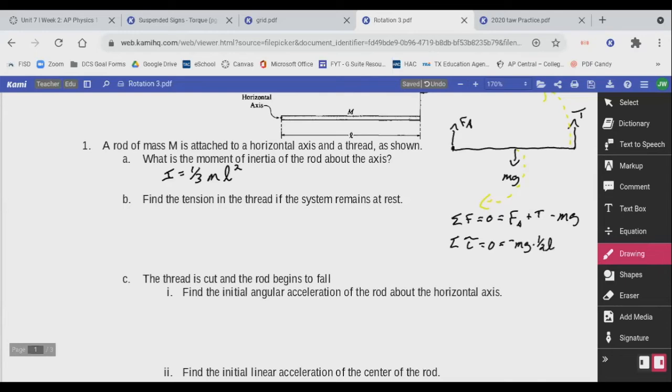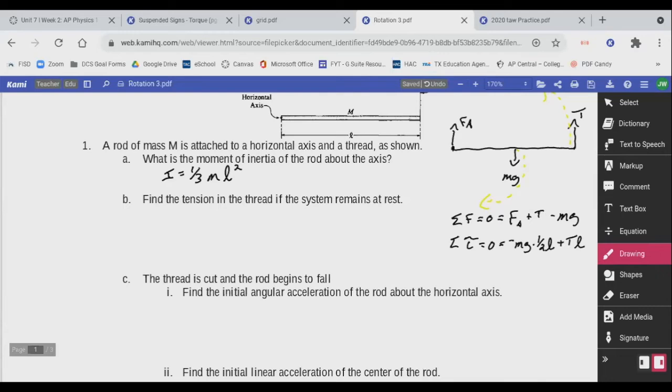Because remember, torque is the force times the distance from rotation. And they said the whole length was L. And mg would be located at the halfway point. All right. And then we said that torque wants it to go counterclockwise, which is positive. So we could say plus TL because torque is the force and L is the distance from pivot.